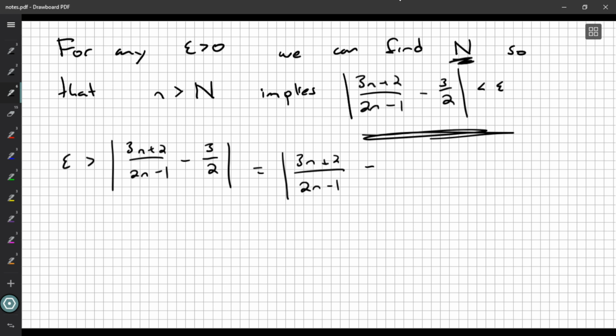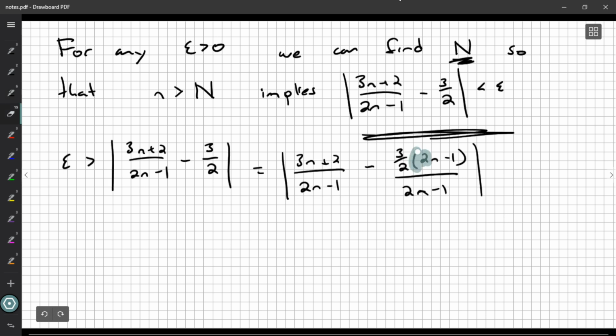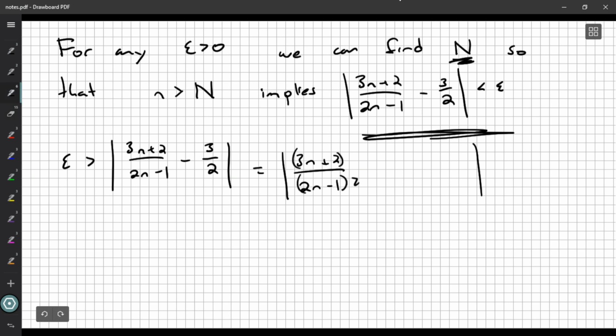We could say 3 halves times (2n - 1) all over (2n - 1). There are other ways to do it, multiply everything over. Actually, that might be simpler. I want to reduce the fractions that I've got. So we're going to multiply top and bottom here by 2, and multiply top and bottom here by 2n - 1. That'll avoid fractions, but we could have done it the other way.